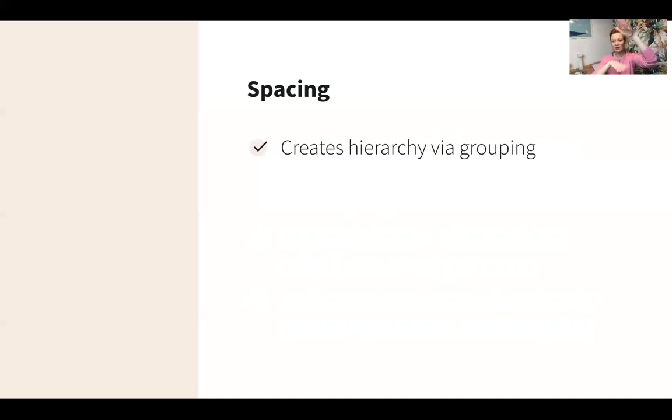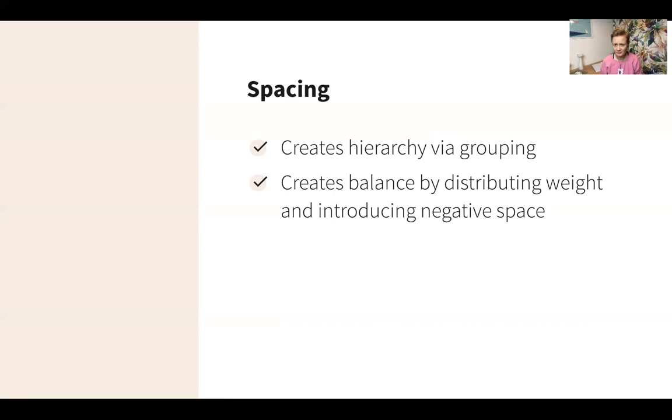So spacing creates hierarchy by separating elements that don't belong together. I know that this is up there and this is down here, and they're not together. But it also creates hierarchy by grouping elements. If there is less space between these elements here, I know this is a group and I'm supposed to read these as one group, and then there's space and then the next group. So spacing is critical in establishing what I need to read and in which order.